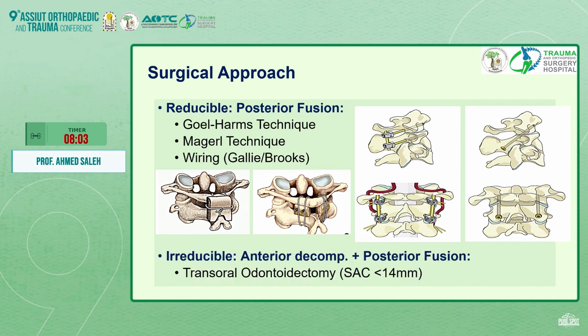For non-reducible cases, anterior transoral odontoidectomy before posterior fusion may be needed in cases with spinal cord compromise, especially if the space available for the cord is less than 14 millimeters.